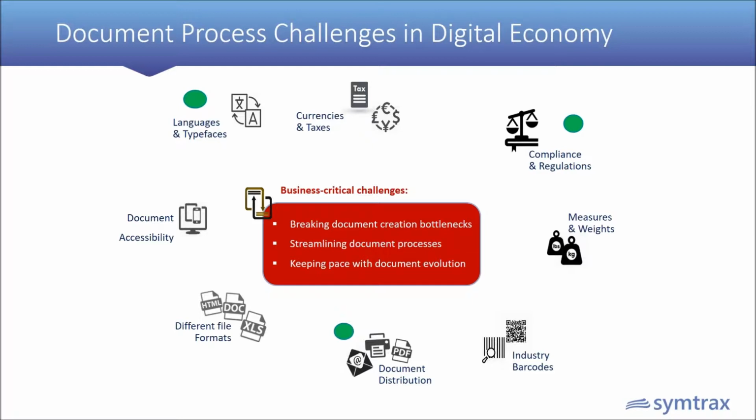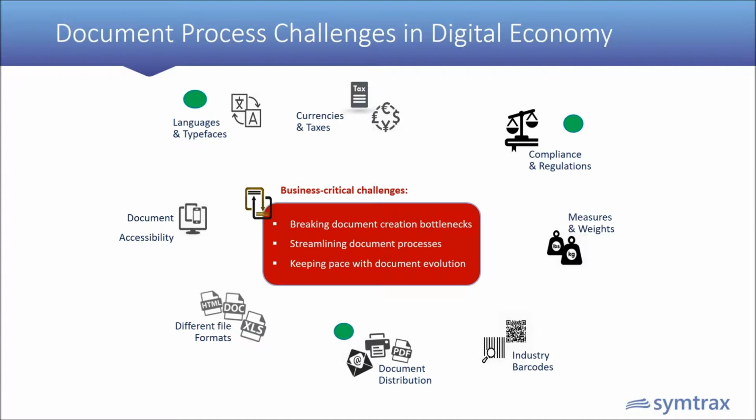And the main areas that we see as quick wins, especially with Brexit on the horizon, are compliance and regulations, new and improved ways of distributing those documents, and indeed the languages as well, which we'll be touching on.